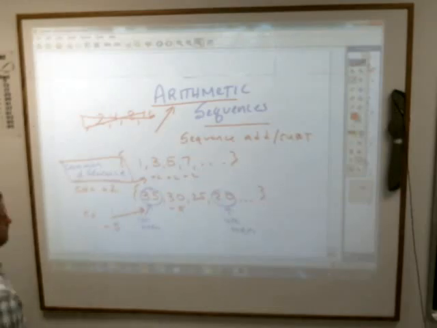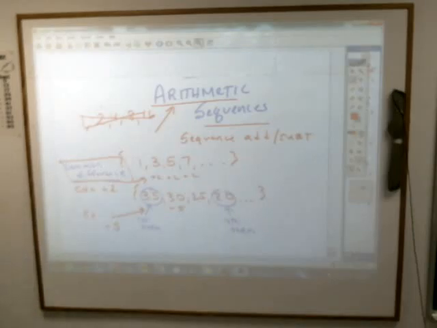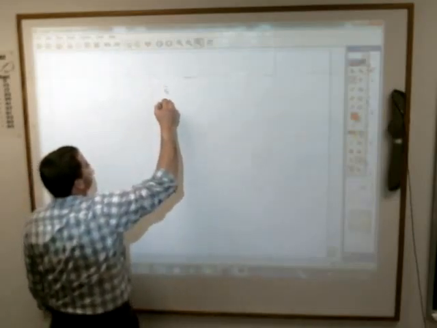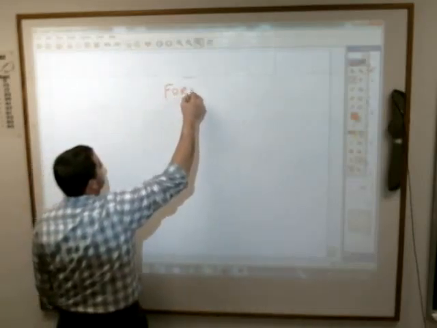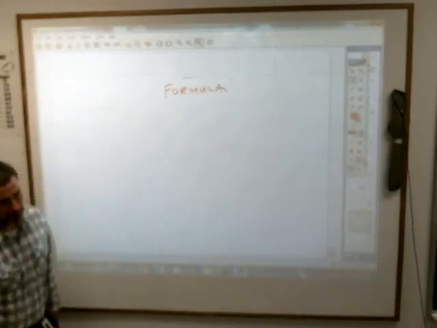Let's see what else we got here. With that in mind, you got all that? Here is the formula the book gives us for this. And why would you need a formula?